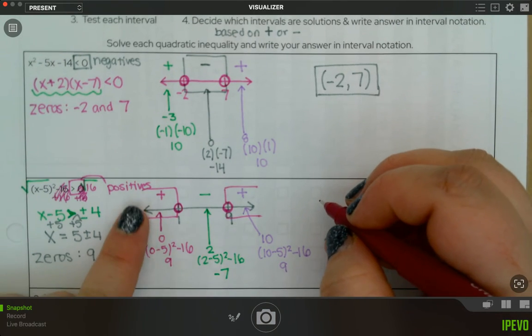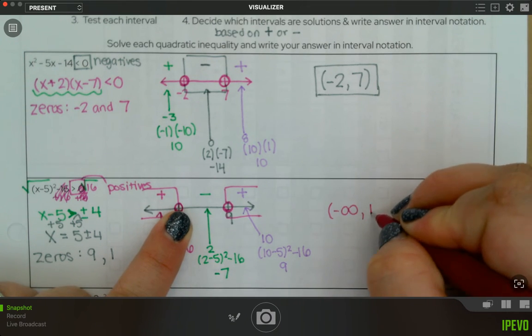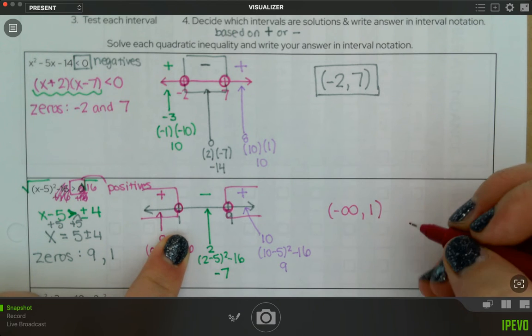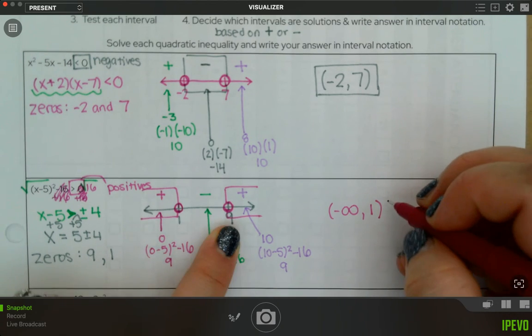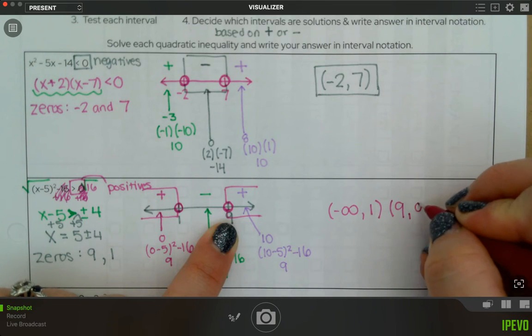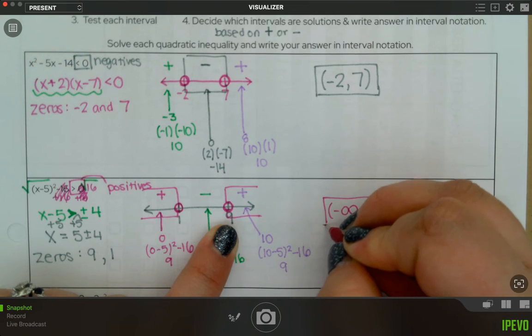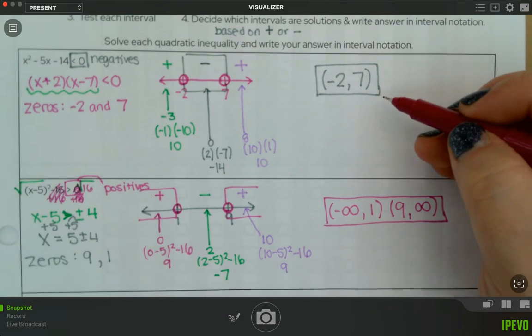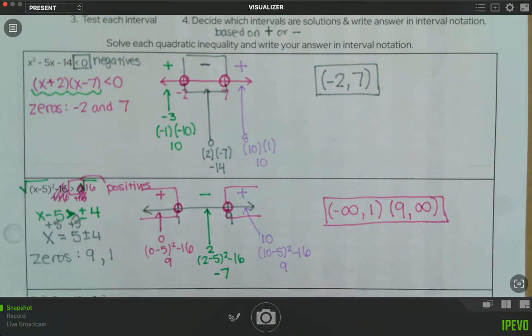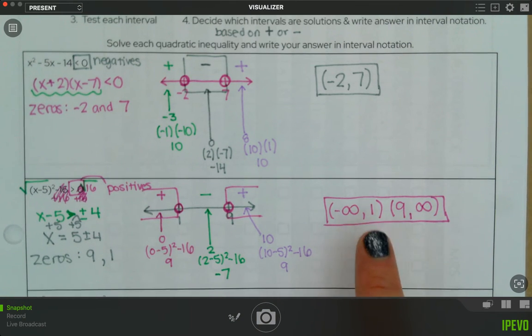So from negative infinity all the way up to 1, open circle, so use parentheses. And from 9, open circle, use parentheses, to infinity. So sometimes it's the middle part, and you only need one interval like this. And sometimes it's the outsides, and you need 2 intervals like this, which we've seen before.